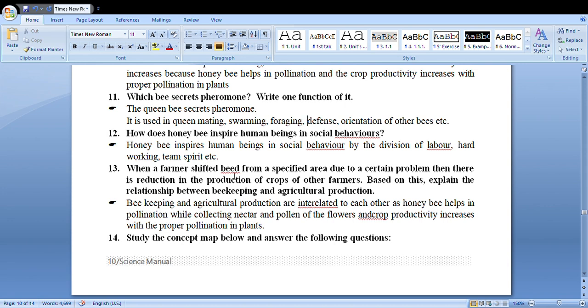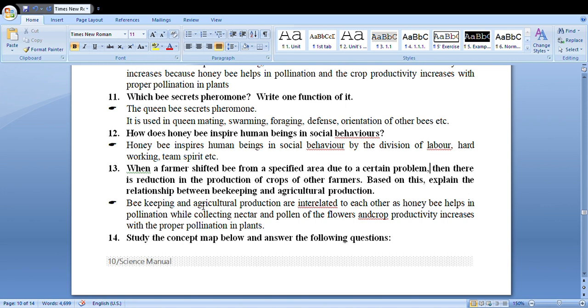When a farmer shifted bee farming from a specified area due to a certain problem, then there is reduction in the production of crops of other farmers.